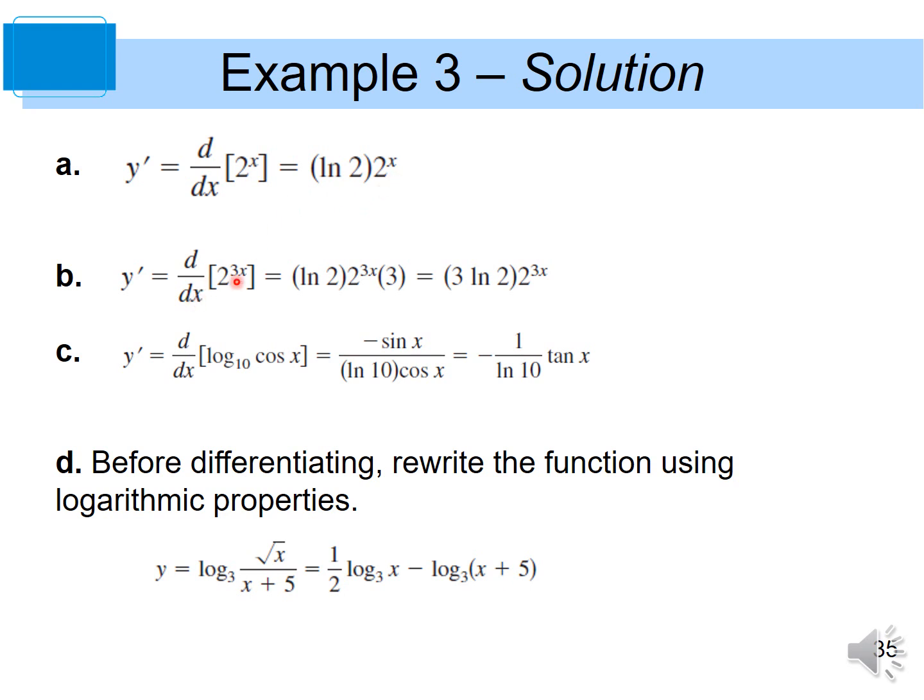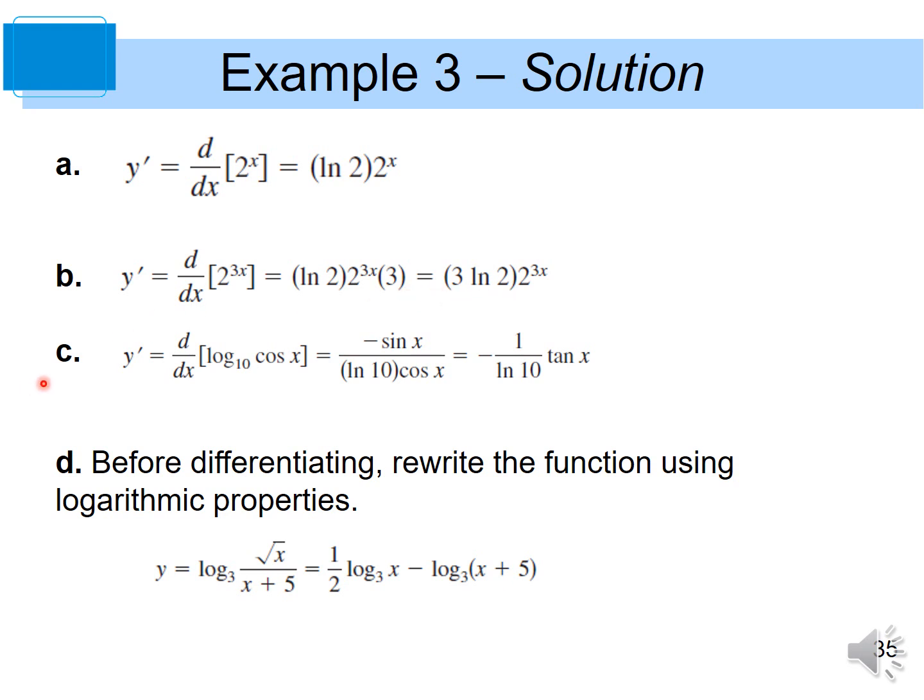But for B, our function is 2 power to the 3x, where the 3x is the inner function. So the function is a composite function. So we use the second formula on page 34. So we have natural log of 2 times 2 power to the u times u prime. So this is the answer.